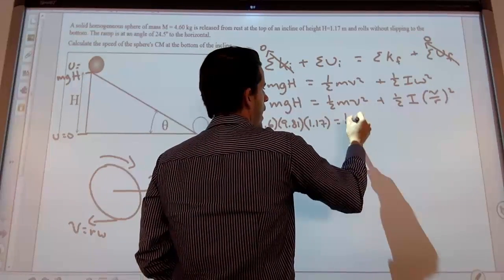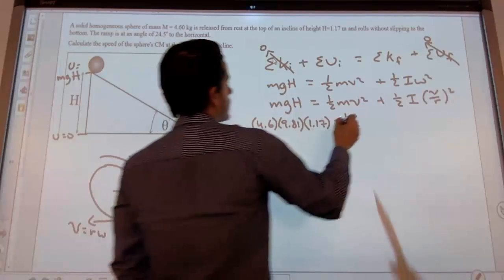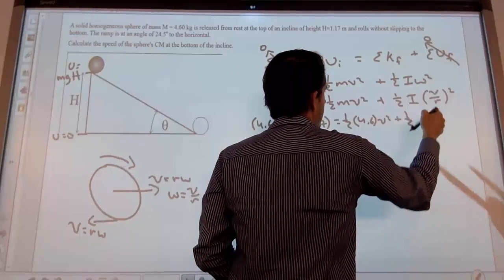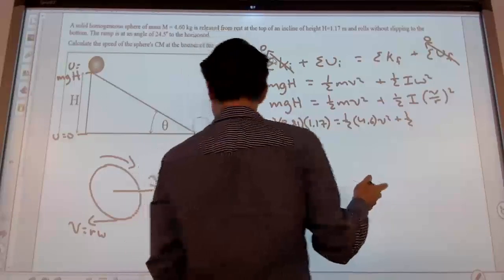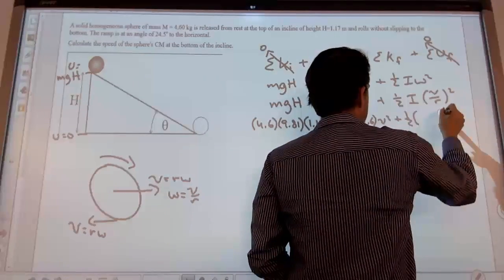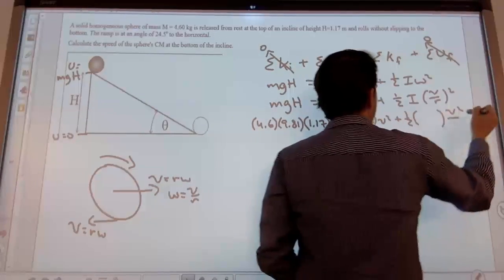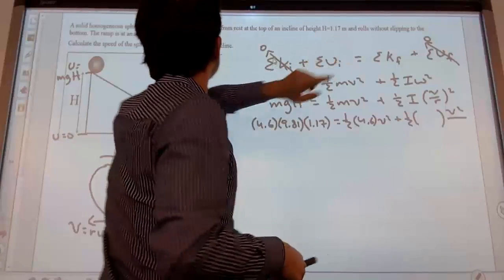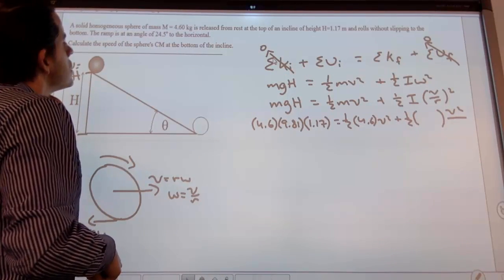And then we have 1/2, same thing for the mass of 4.6 v squared, and then 1/2 the I. I'm going to solve for the I in a second. And then the v squared over r is v squared over r squared. The radius is, do we know the radius?